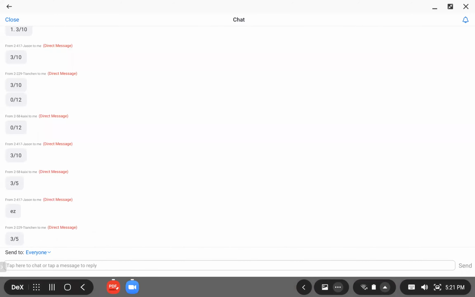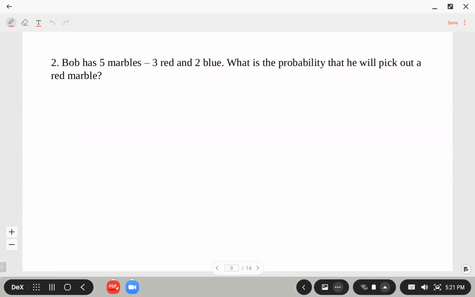3 out of 5. Very good, Tianchen. And also Jason, you're doing well too. You have 3 red and 2 blue, so you have 5 marbles in all, and 3 of them are red. So the desired outcomes are 3 over 5.